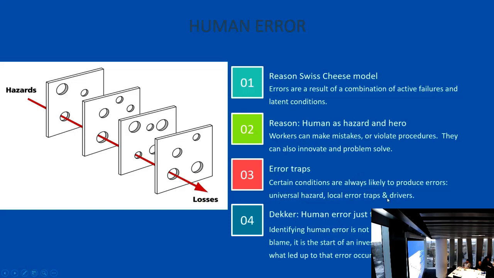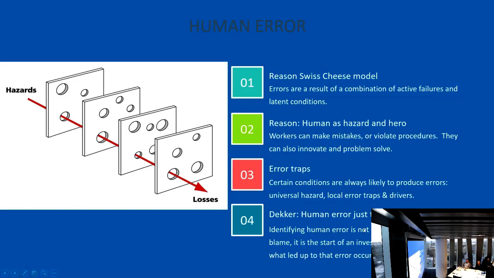Local error traps and drivers. So local error traps tend to be things like excessive workload, having shifts with workers that have to work through the night. And drivers tend to be things like an excessive emphasis on productivity. So if you are pushing productivity, then workers are likely to take shortcuts. So this emphasis on productivity would be a driver for their behaviour.